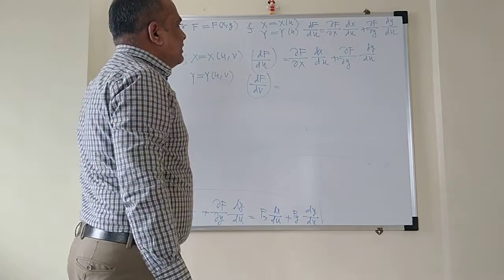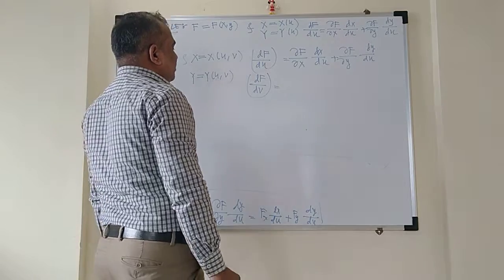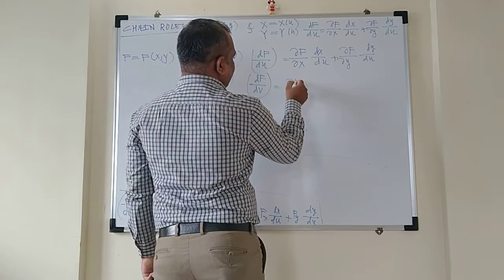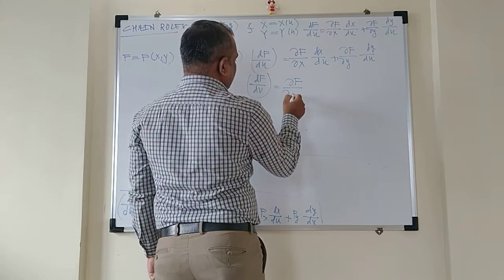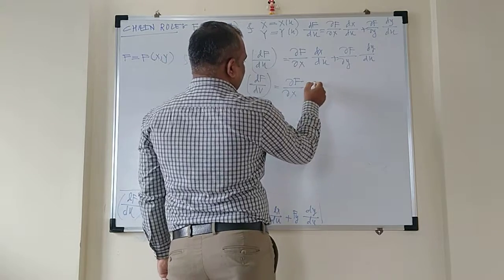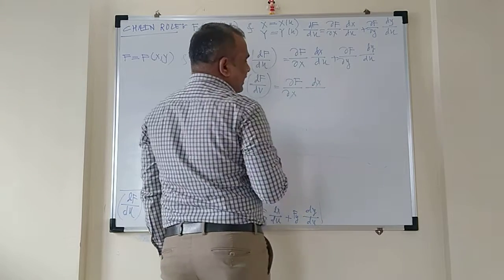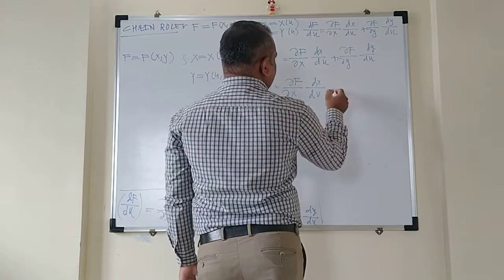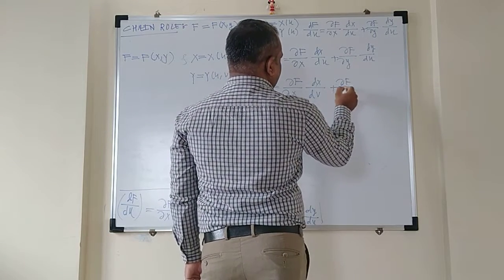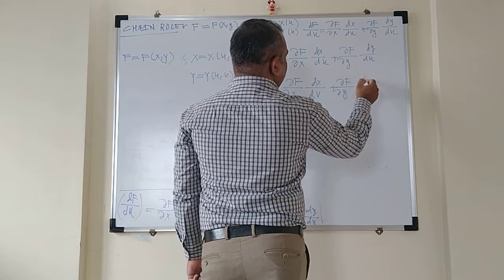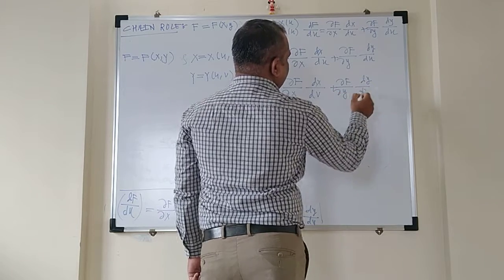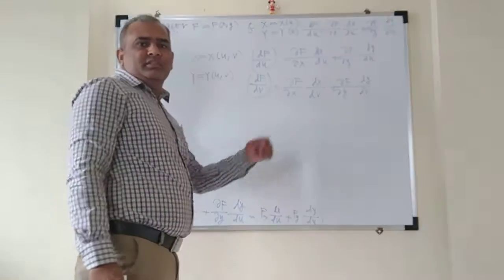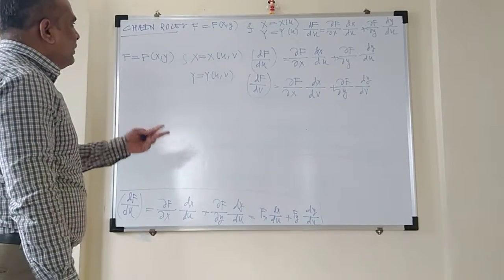Now the second equation using the chain rule will be for partial differentiation of a function with respect to x and differentiation of x with respect to the variable v plus dou f by dou y into dy by dv. Hope you have understood this also. Now let's consider one more.